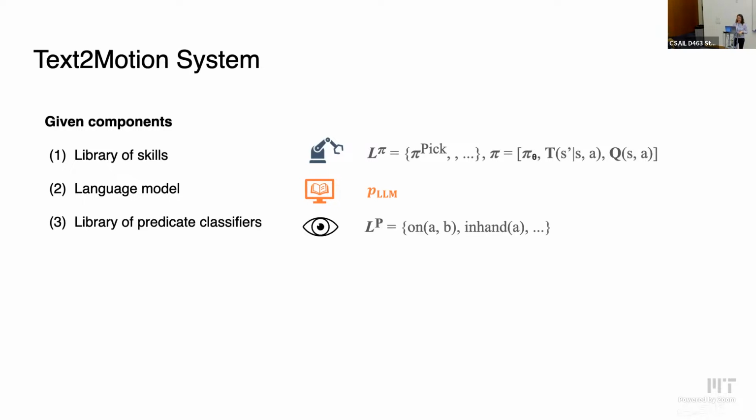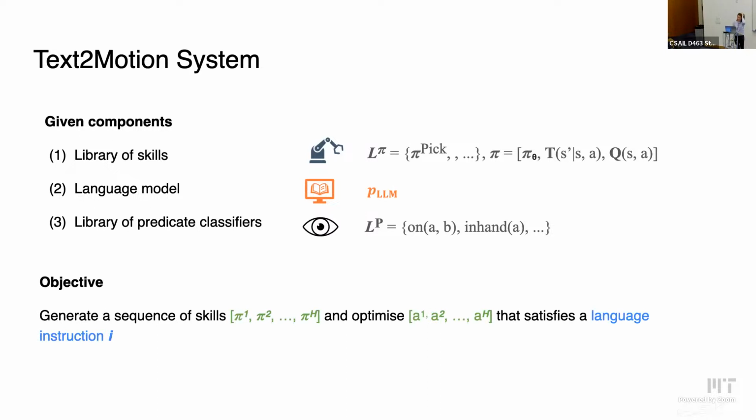And we have a library of predicate classifiers, something that visually perceives the world and decides, is an object on something or not? You could think of this as the work that I showed you before, the grounding predicates in actions, that could provide a library of predicate classifiers.